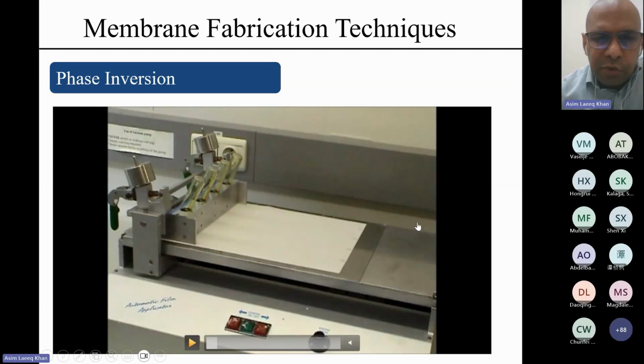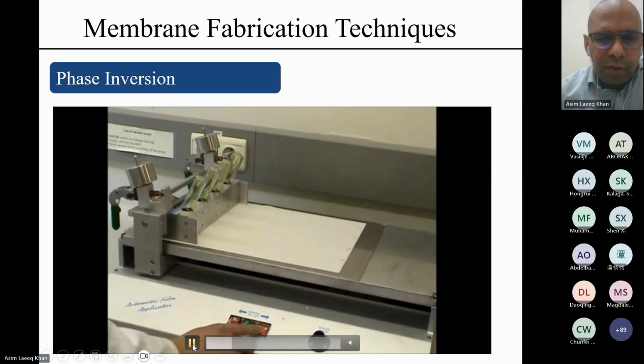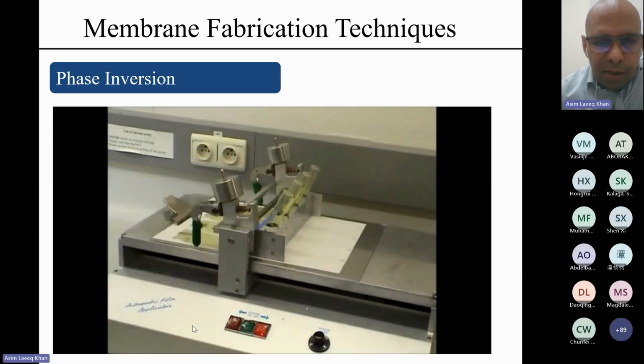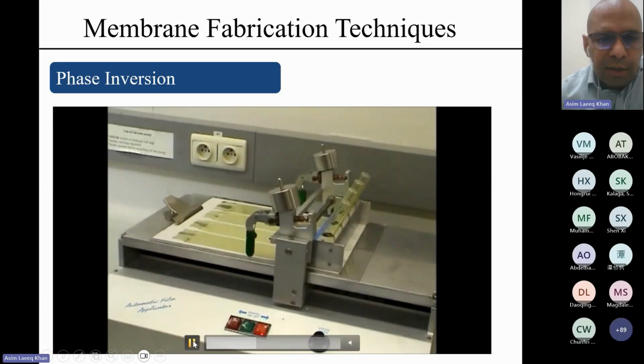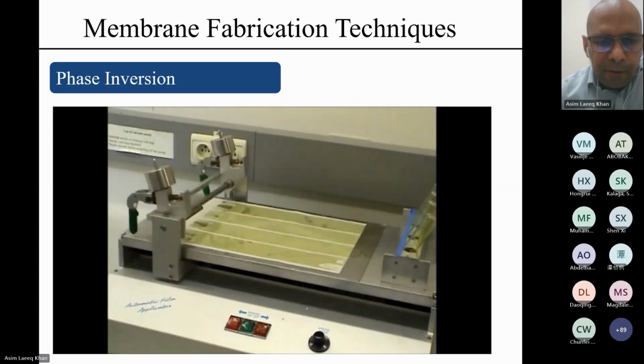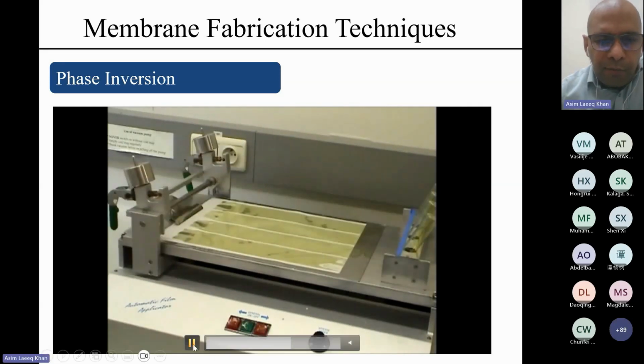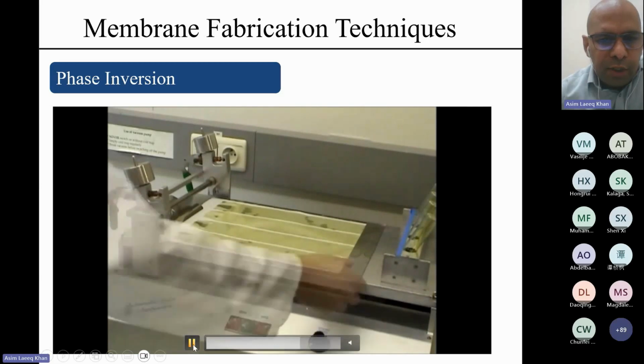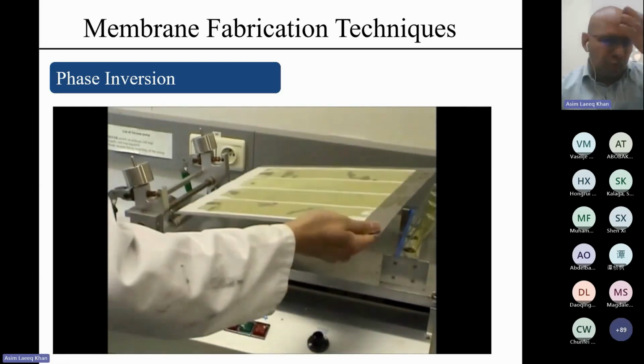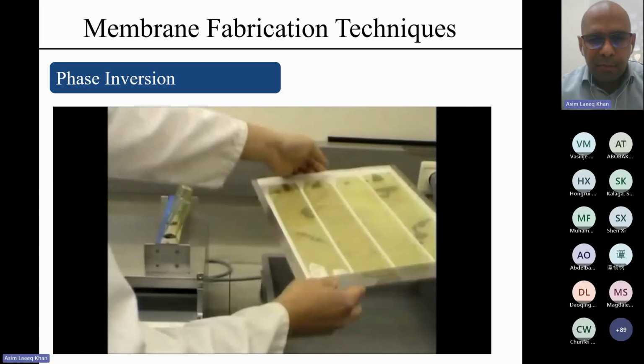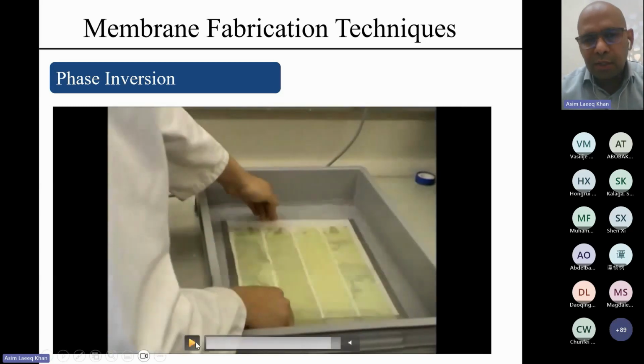So here we have a substrate, and here we have polymeric solutions. You will see through this device we cast this liquid into thin liquid films, and then after a certain time of evaporation, where evaporation of solvent takes place, they are immersed in a non-solvent. In this example, water is the non-solvent.